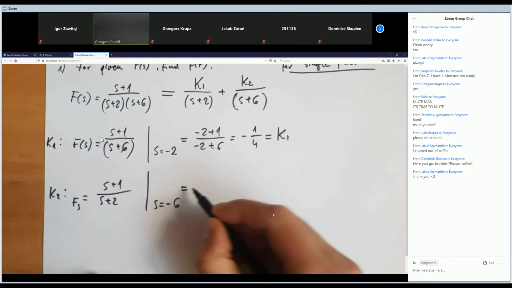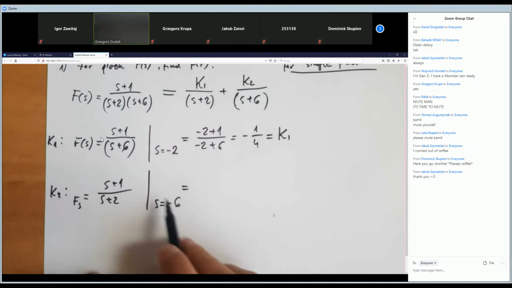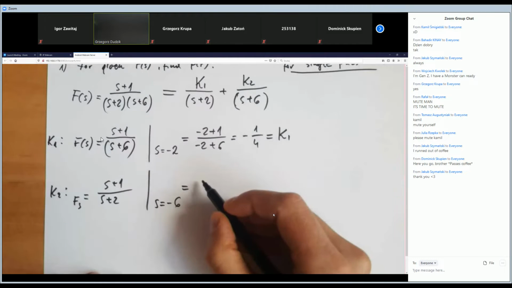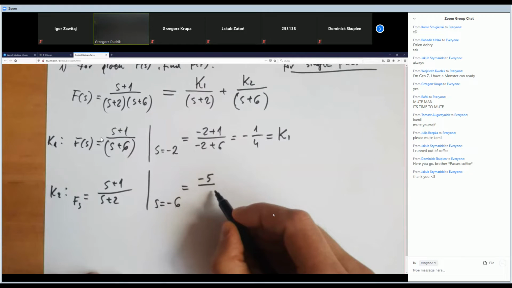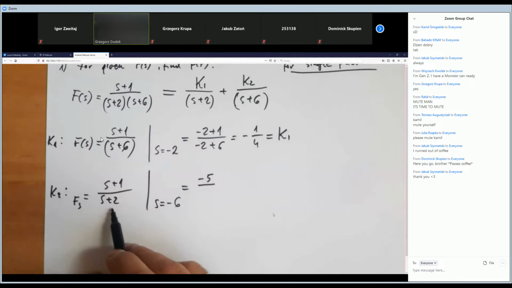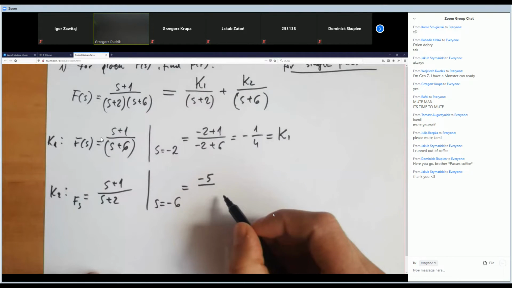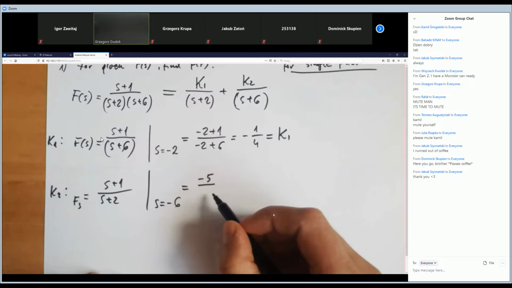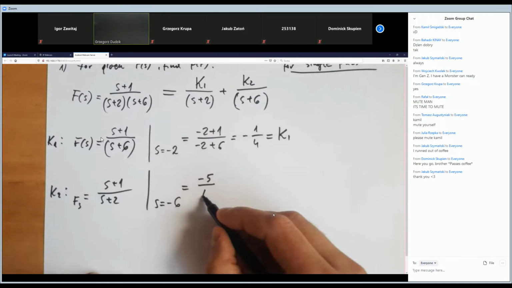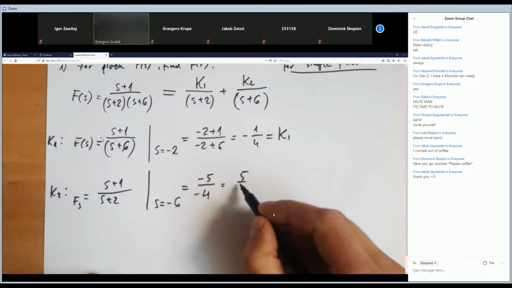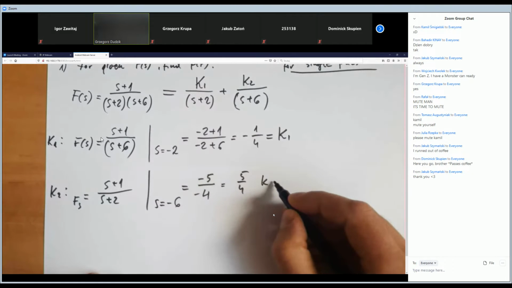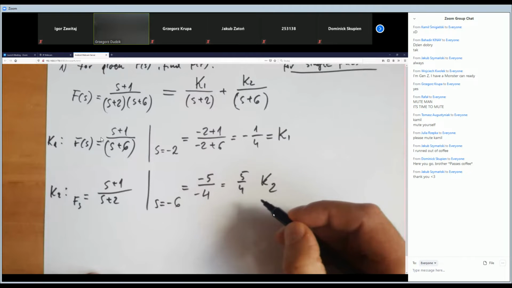Let's substitute s equal minus 6, and we get minus 5 over minus 6 plus 2, which is minus 4. So as you see, this is equal to 5 over 4. This is the k2 factor.